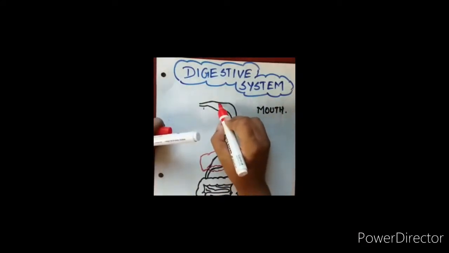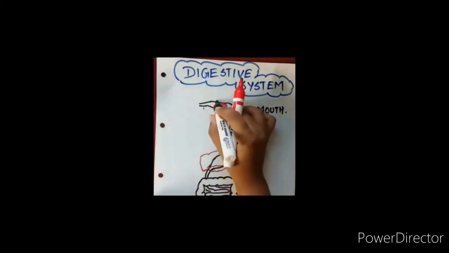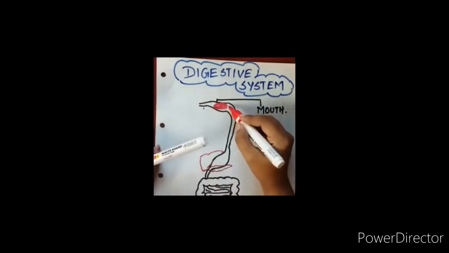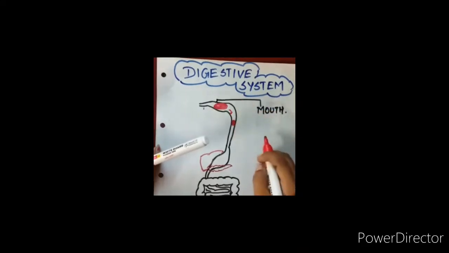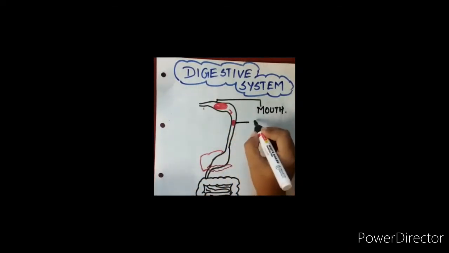Now once you have a bolus in your mouth, if this is the mouth portion, you have taken the food and you are swallowing it. Once you swallow, the food particles move into the esophagus. The esophagus is also known as the food pipe.